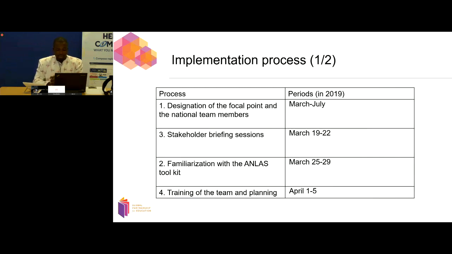The first one was to constitute a local national team in Mauritania that would lead the pilot, then an information phase for all the stakeholders to take part in the study. Then, third, the ownership of the tools by the national team and for all the stakeholders so they can own the program, and then a training phase for the national team.